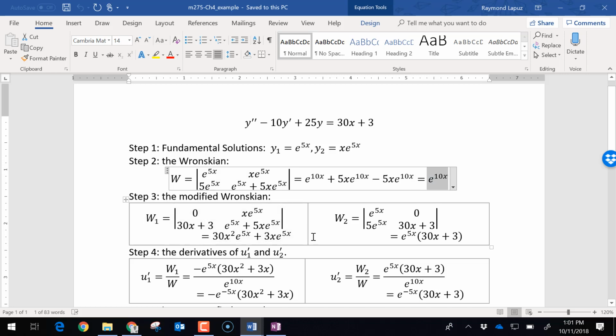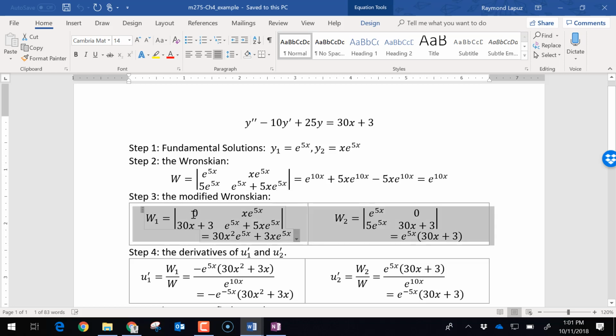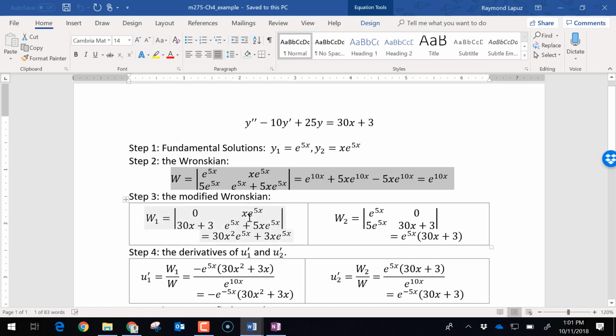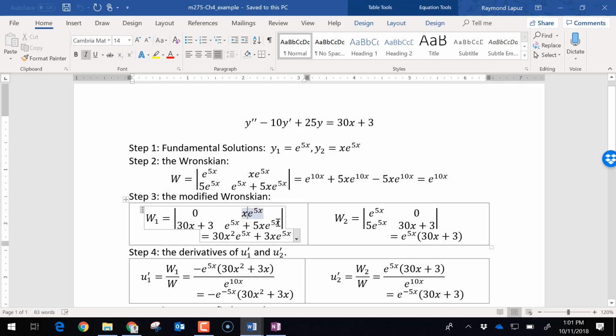So now we find W1 and W2. For W1, we replace the first column with 0 and the right-hand side of your original differential equation. So 0 and 30x plus 3 is the first column. We'll keep the second column of your Wronskian for the second column here.